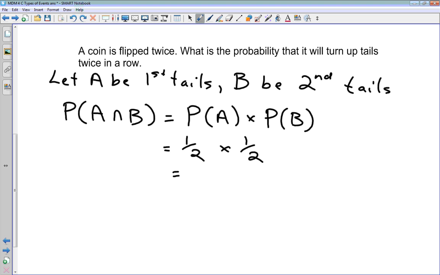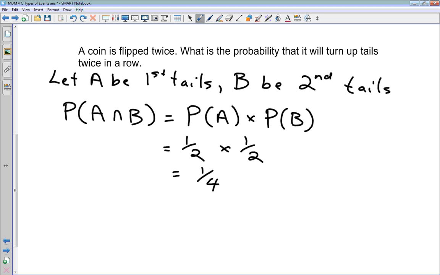So the probability of both of them being tails is going to be 1/2 times 1/2, or 1/4. We could easily verify this by writing out the event space. We've got 4 possible options: heads heads, heads tails, tails heads, tails tails. So only one out of those 4 possibilities is going to give us 2 tails in a row.